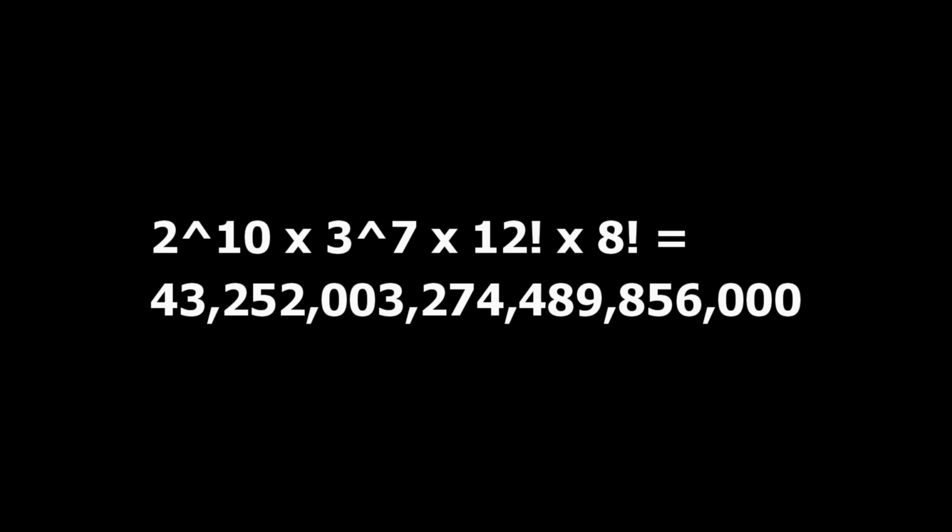So you can use a calculator, and the answer we get is 43 quintillion, 252 quadrillion, 3 trillion, 274 billion, 489 million, 856,000. And this, guess what, is the number of permutations that a Rubik's Cube can attain.